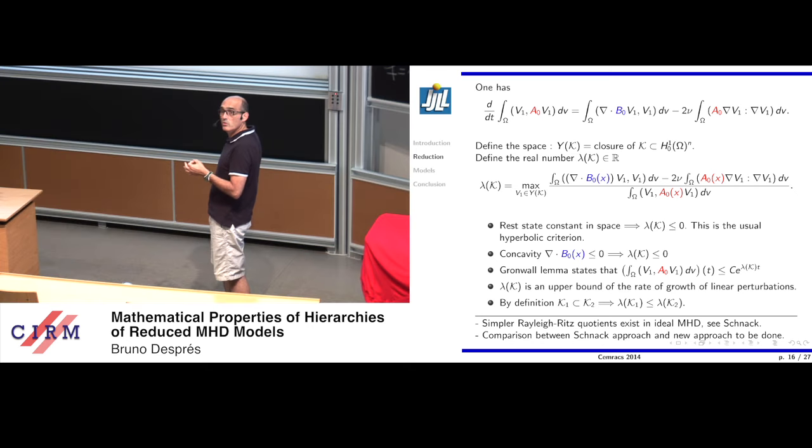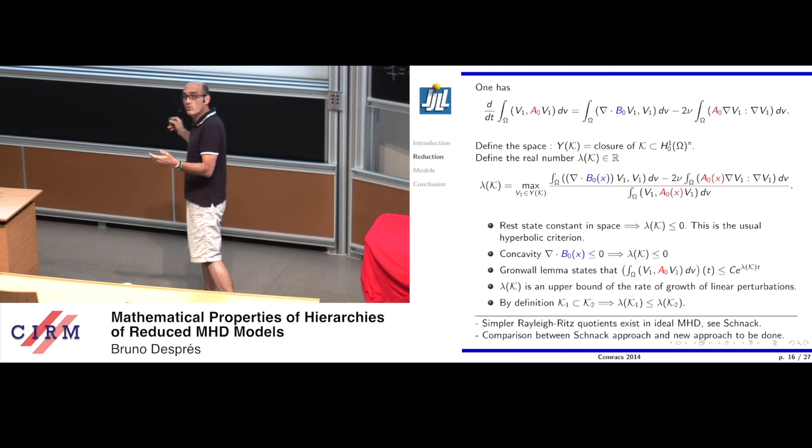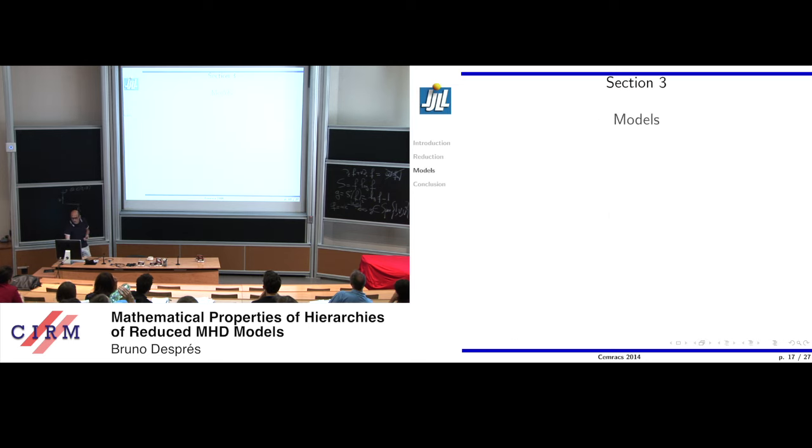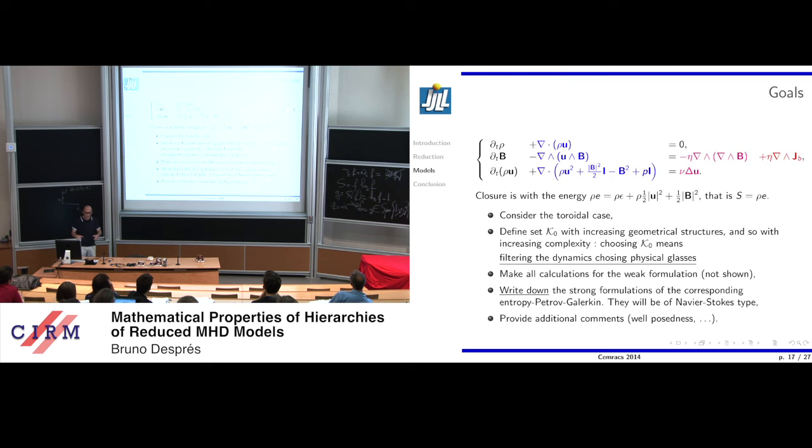But here you see it is possible to use the viscous term, and general functions, and reduction. And in Schnack, it's not for reduced systems, it's for the general system of ideal MHD. So you can see this as a generalization of some tools that are known in plasma physics, in a general setting. Okay? So this is the abstract part of the presentation.